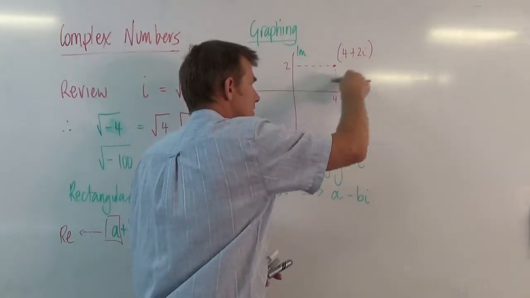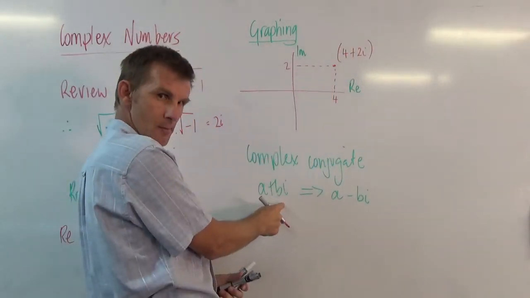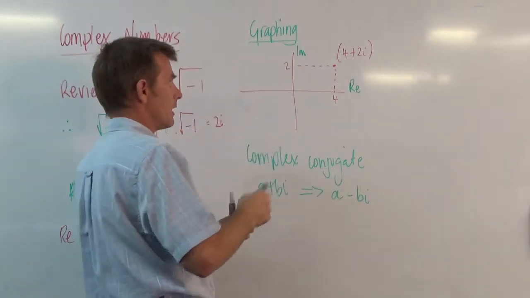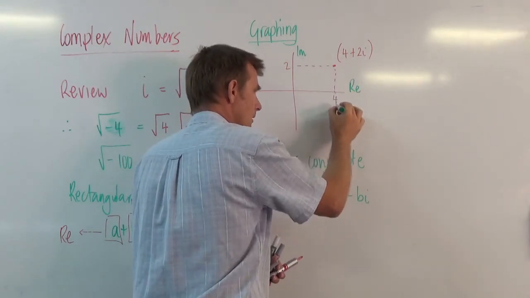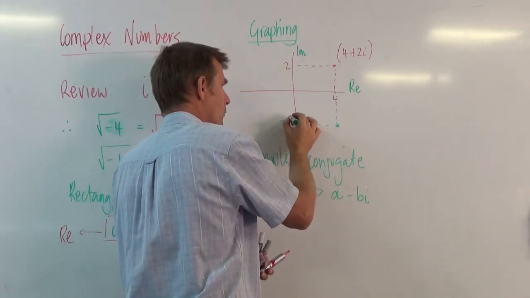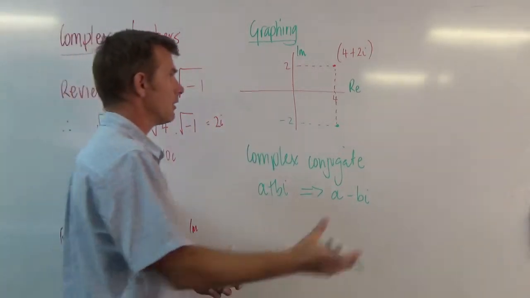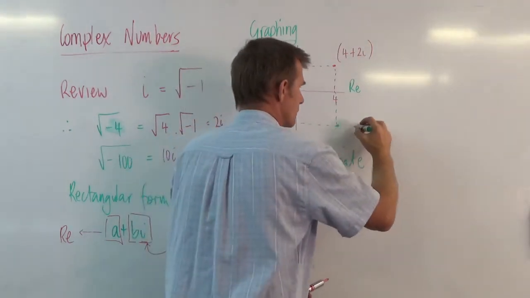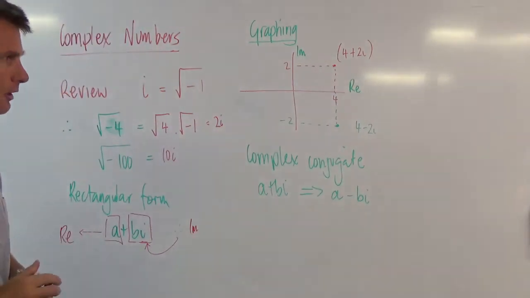So the complex conjugate of this one is where we change the imaginary part to a negative. I'll do it in green up here. This point here would actually come down to this point right here, where it would become -2. So it would be 4 minus 2i, the complex conjugate.